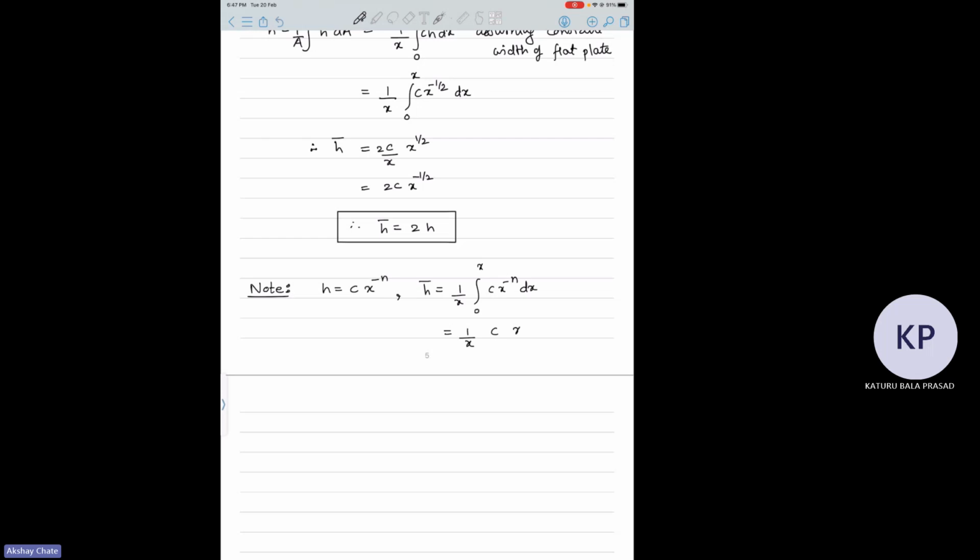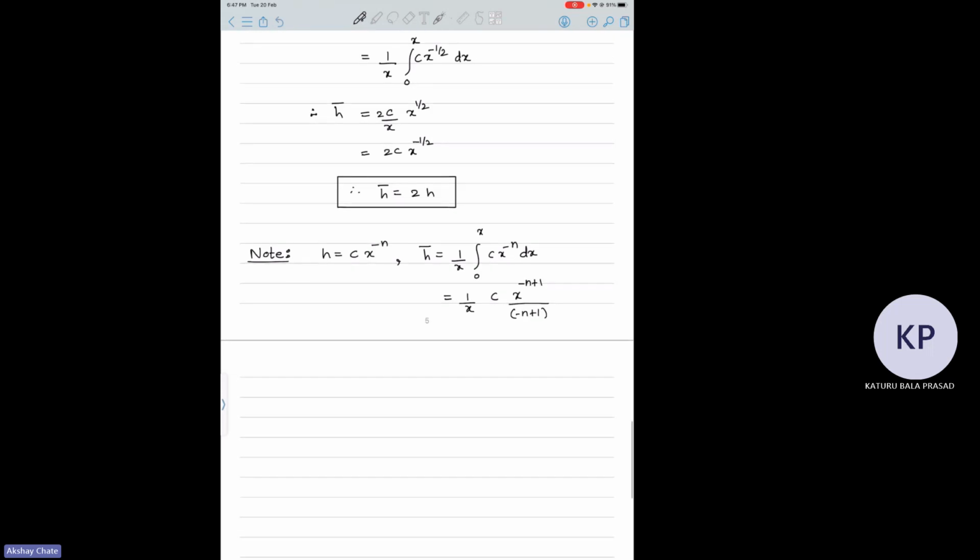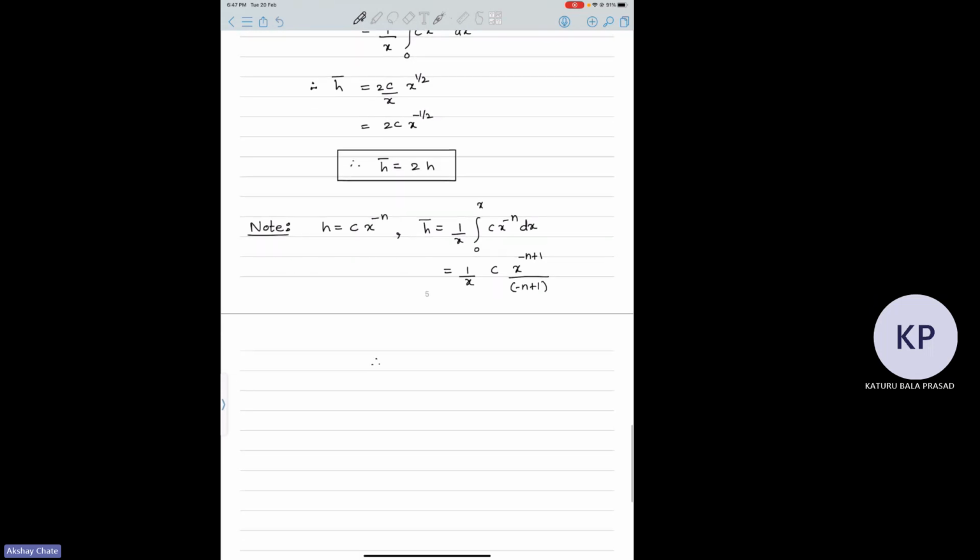Then x power minus n plus 1 divided by minus n plus 1 will be your integral, and the lower limit will go away. Basically you will have c x power minus n divided by 1 minus n. This denominator remains as it is. This x gets cancelled with the 1 by x, so you remain with c x power minus n, and that is nothing but your local heat transfer coefficient up to that point. So this can be your general solution also.